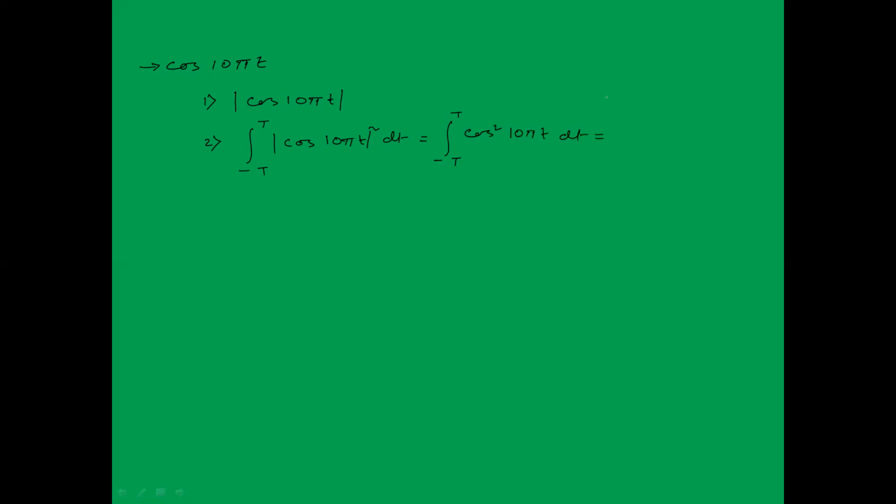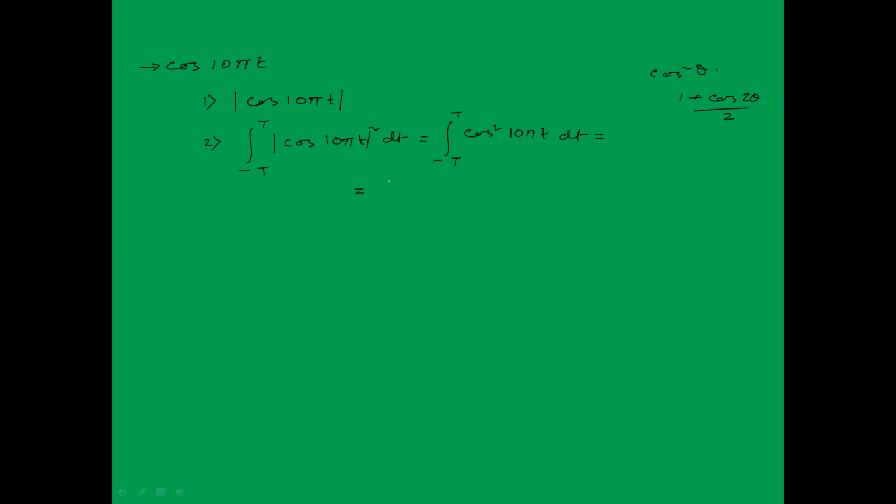So cos square t, from our basic trigonometric knowledge, what is cos square theta? Cos square theta is equal to (1 plus cos 2 theta) by 2.